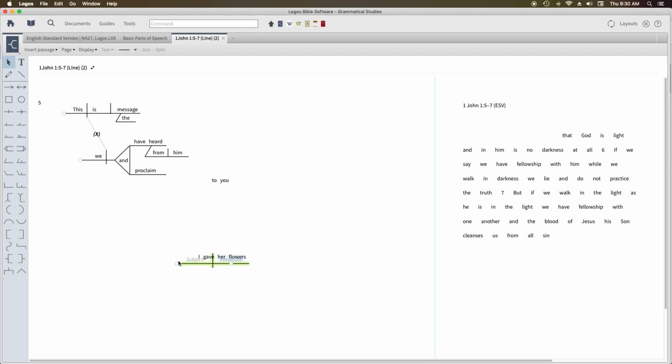And it's not going to be able to do it here because, let me see if I can make it a little bit better here.